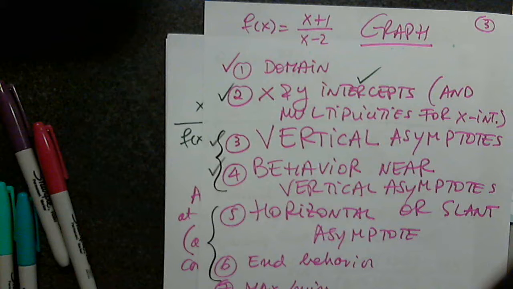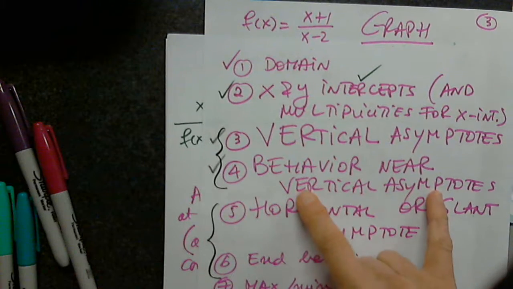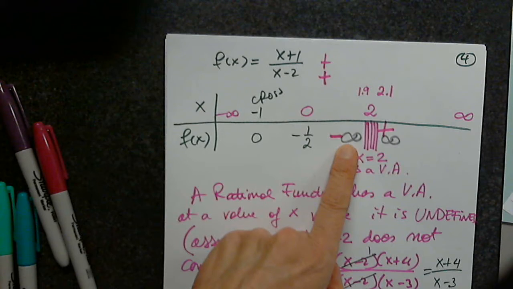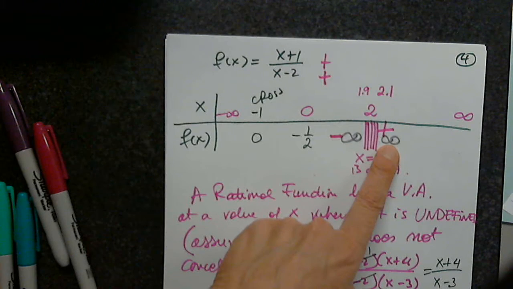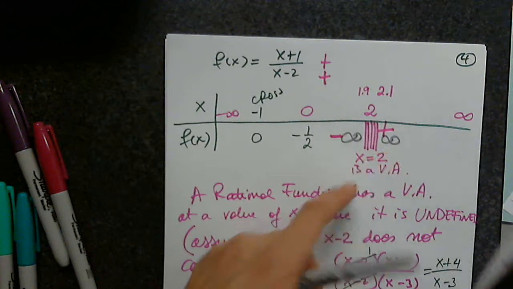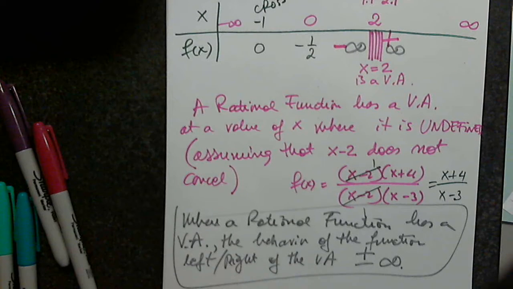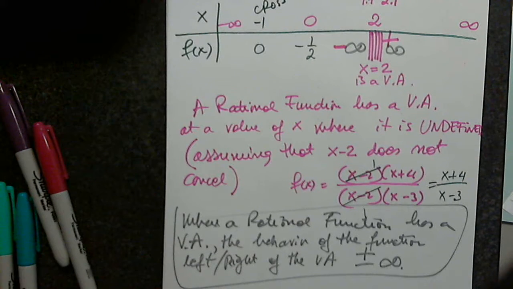I established that there is a vertical asymptote, and I established the behavior of the function near the vertical asymptote. It is negative infinity on the left-hand side of the asymptote and positive infinity on the right-hand side of the asymptote. Ready? So when a rational function has a VA, the behavior of the function left and right of the VA must be plus or minus infinity. I don't know which one. I have to check.